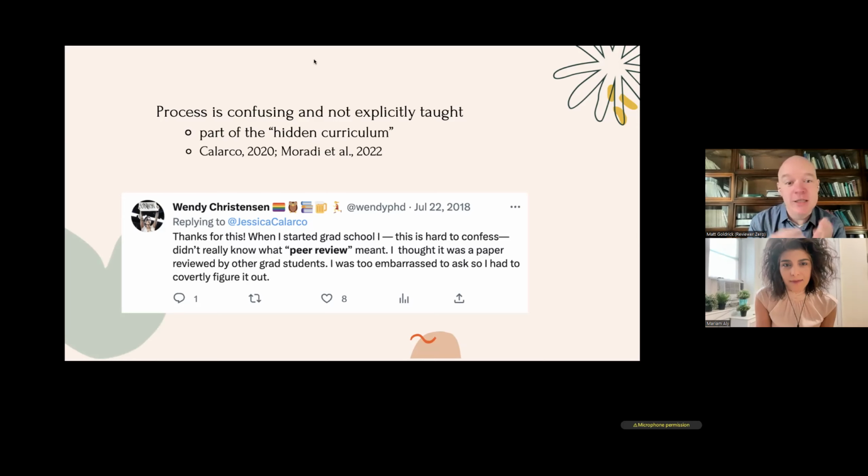And if you're an undergraduate student, it's even more likely you don't know what peer review is. Here's a tweet from Wendy Christensen talking about how when she started graduate school, she thought that it meant the paper was reviewed by other graduate students. And then people are so embarrassed because the first rule of peer review is that you don't talk about peer review. And so it's hard for people to figure this out. They have to covertly do so.